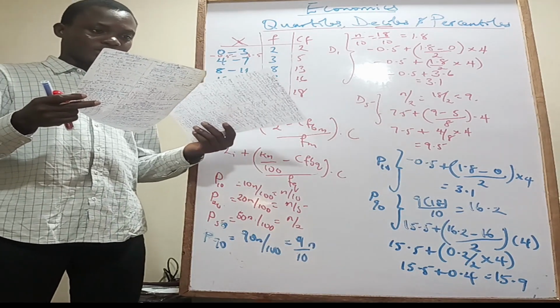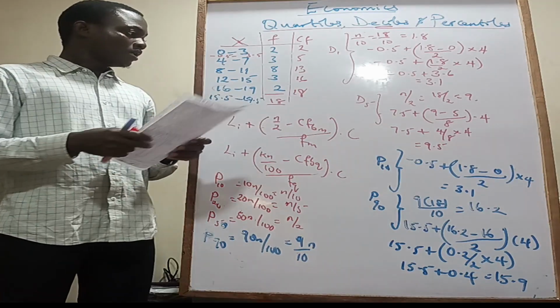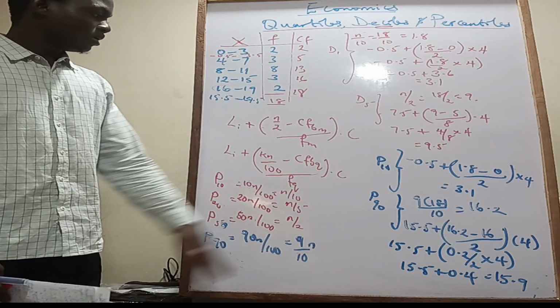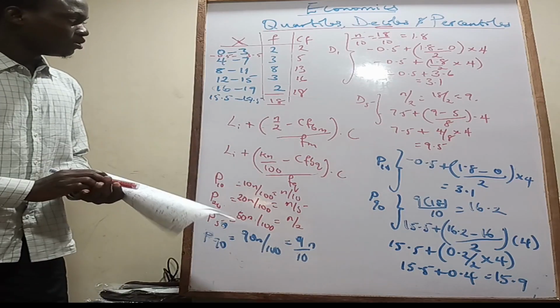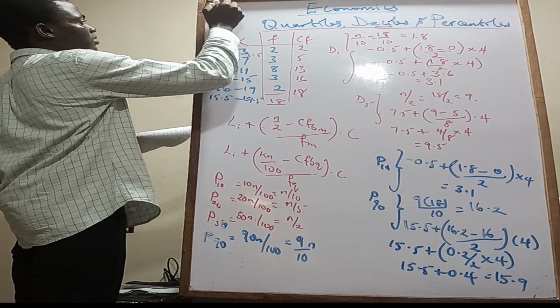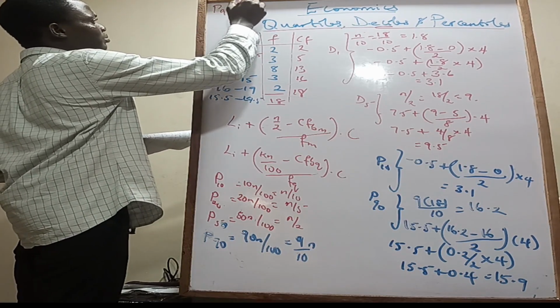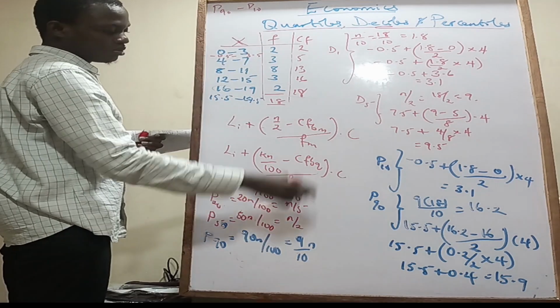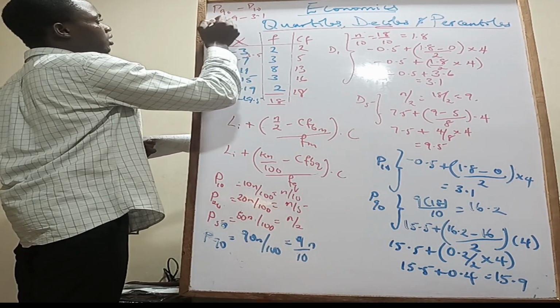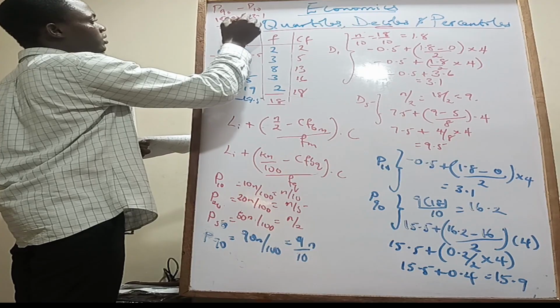So the P90 minus P10 is just going to be your P90, 15.9, minus your P10, 3.1. So 15.9 minus 3.1 is going to be 12.8.